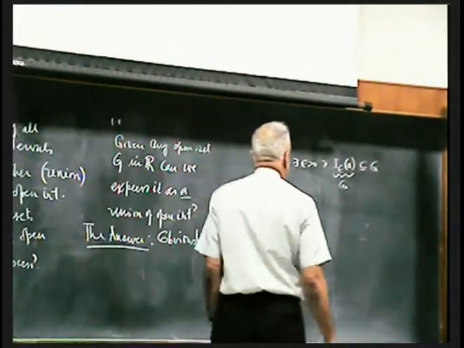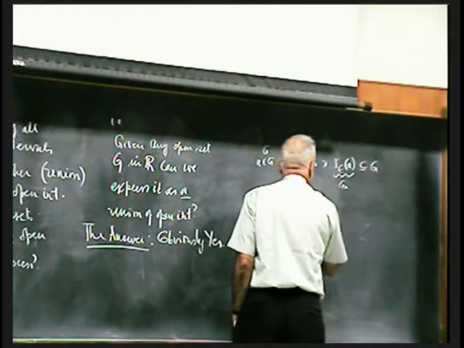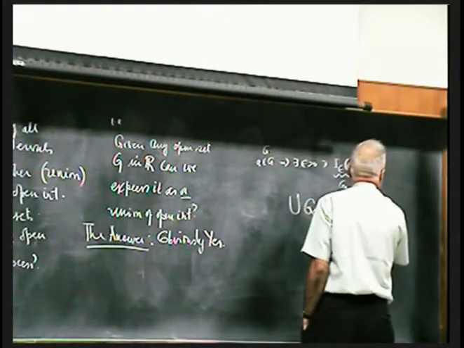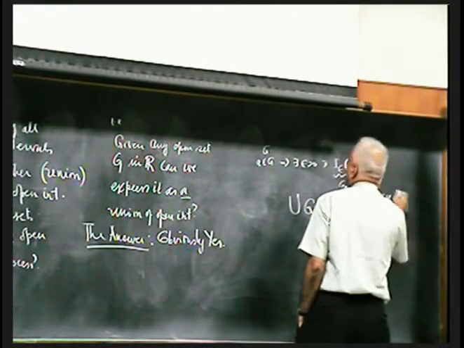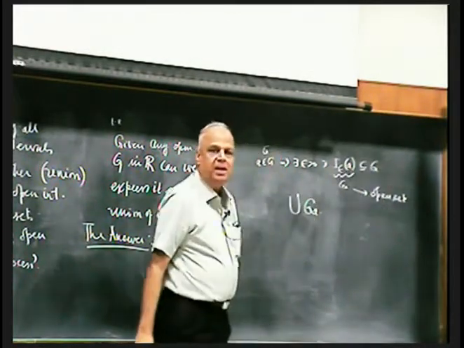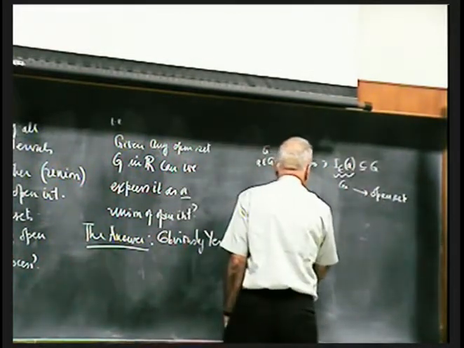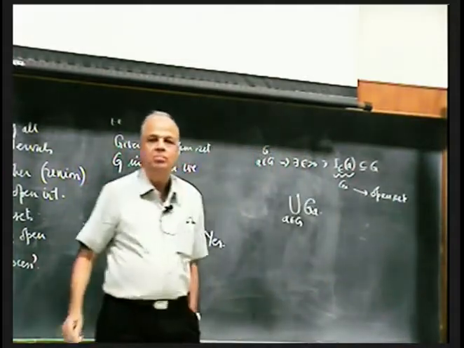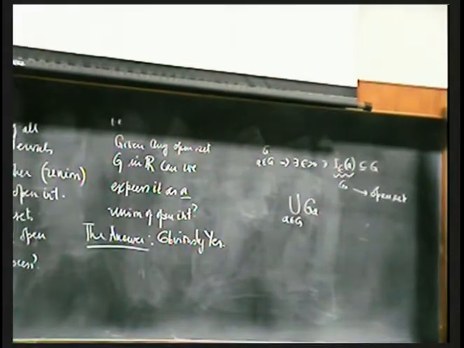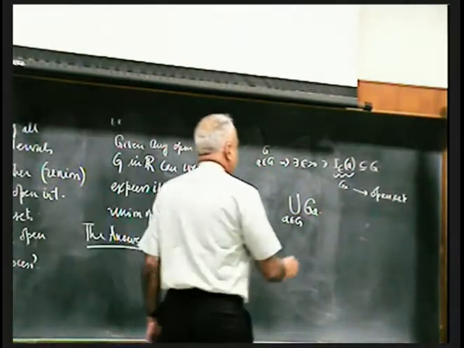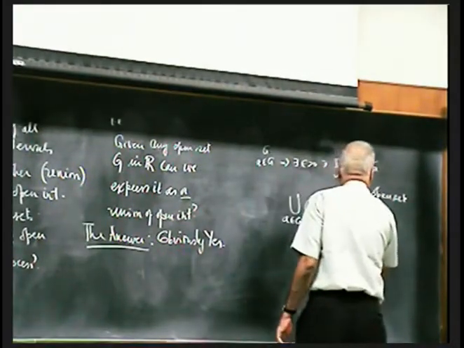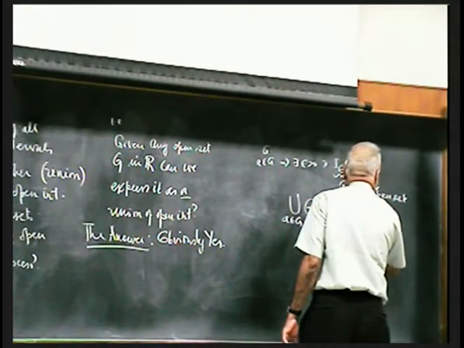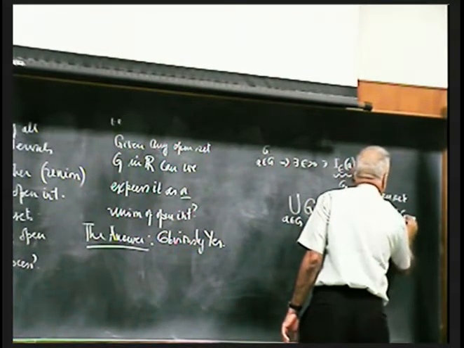Now take the union of all the G_a's. G_a is open because it is an open interval. Take the union of all the G_a's and vary a over G. Corresponding to every point you have a G_a, you take all the union. Now since every one of them is in G, the whole union is also in G, because every G_a is contained in G.